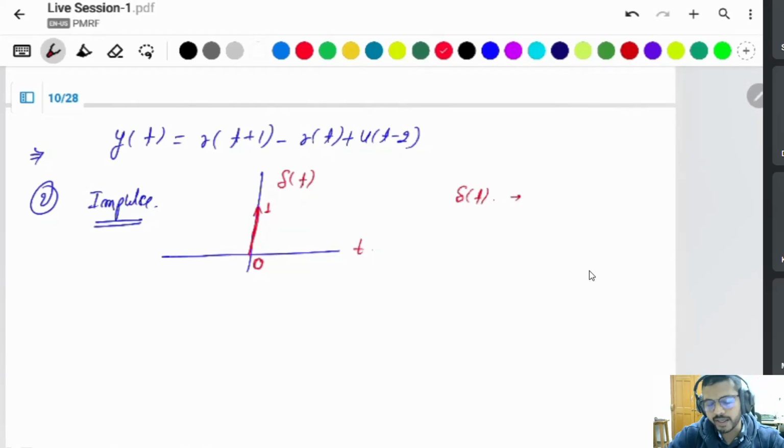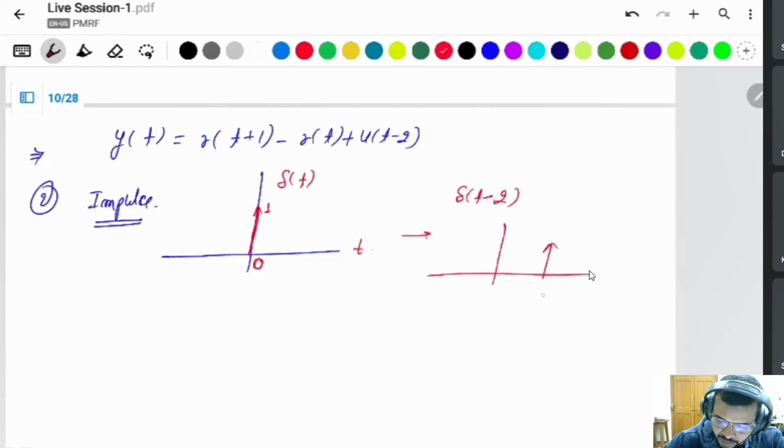We can apply the shifting property, scaling property, and so on. If we shift this by some value like 2, then this signal is shifted to here, this will be 2.